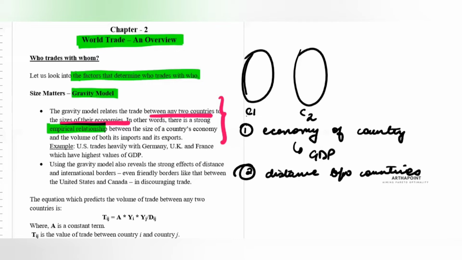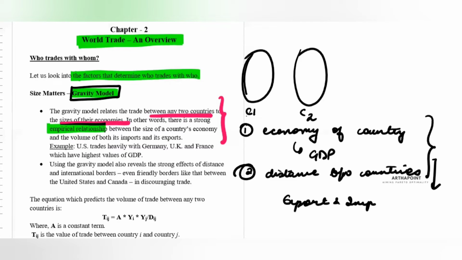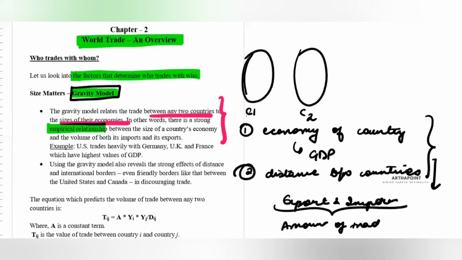The gravity model suggests that the amount of trade, which is the exports and imports, depends on the distance between the two countries and on the economy of the two countries.